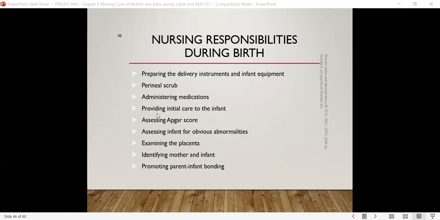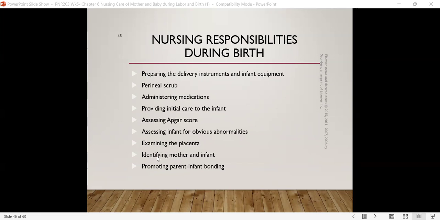Giving medications, providing initial care to the infant, like I talked about, assessing the APGAR score, assessing the infant for obvious abnormalities. I'm thinking, if you have a spina bifida baby where the meninges are on the outside of the baby, that's very important to pick up very, very quickly. Examining the placenta, we talked about that.